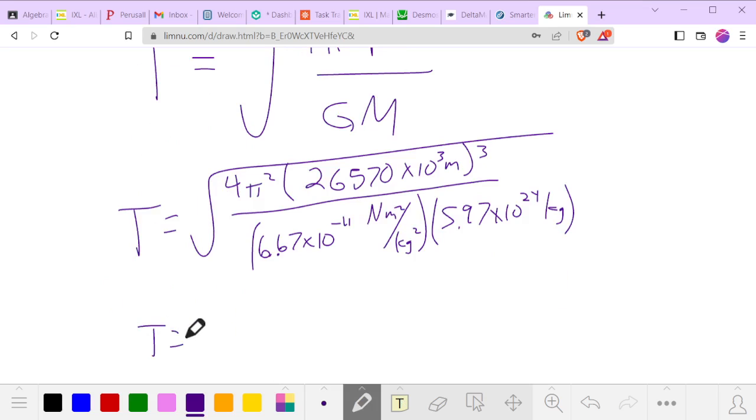So this period is 4 pi squared times 26570 cubed. And we divide that entire numerator by 6.67 times 10 to the negative 11 times 5.97 times 10 to the 24.